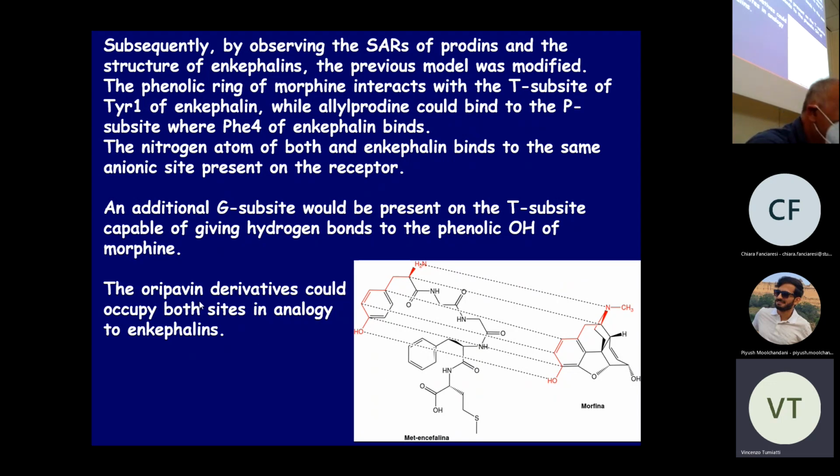It seems that oripavines, the most complicated derivatives of this group, are able to occupy both flat areas, and this can explain their high potency.